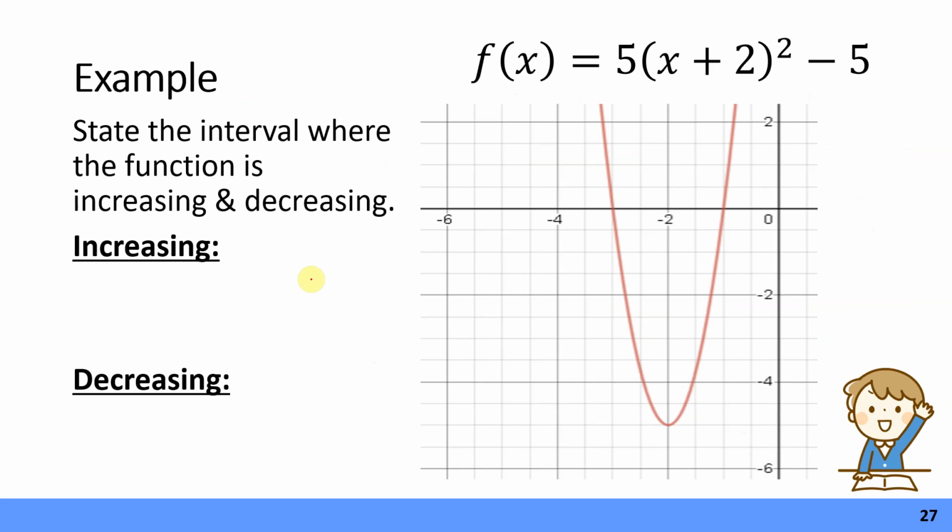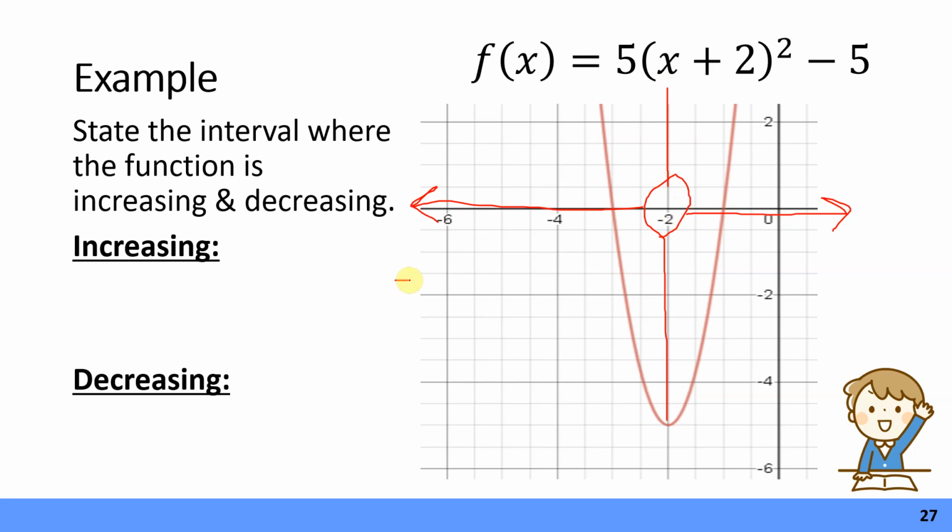So here is the same function we've been talking about before. Again, remember, for increasing, decreasing, I only care about the x value. So I have two answers. I have negative infinity to -2 and -2 to positive infinity. Now, which one's which? Well, let's figure out.